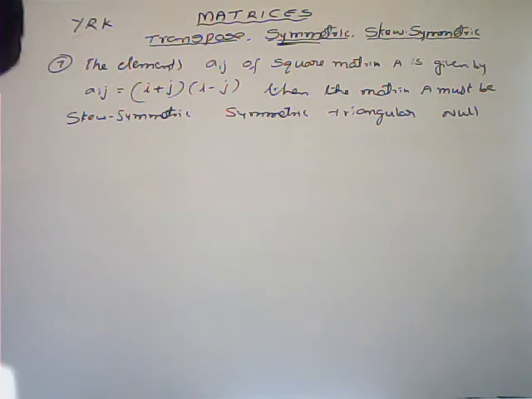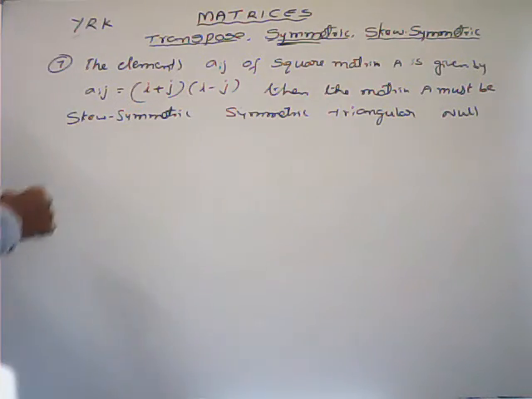Next one. The elements Aij of a square matrix A are given by Aij equals (i plus j) into (i minus j). Then the matrix A must be skew symmetric, symmetric, triangular, or null.